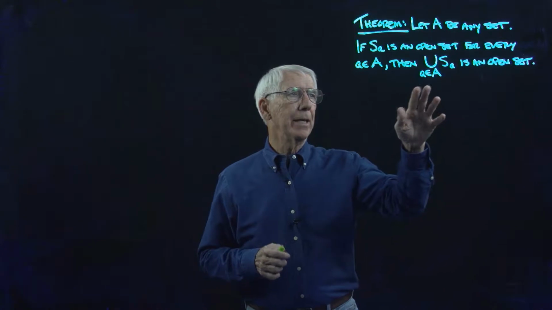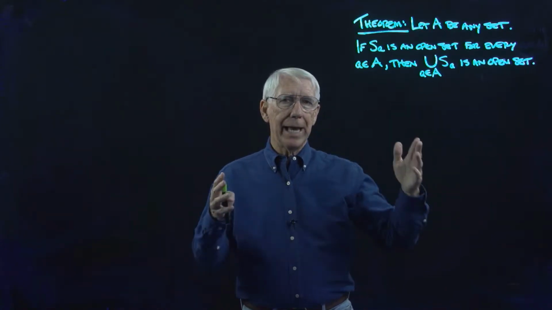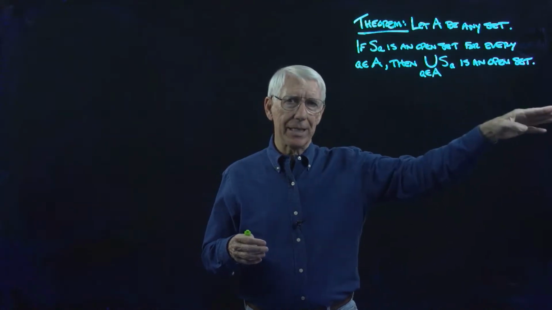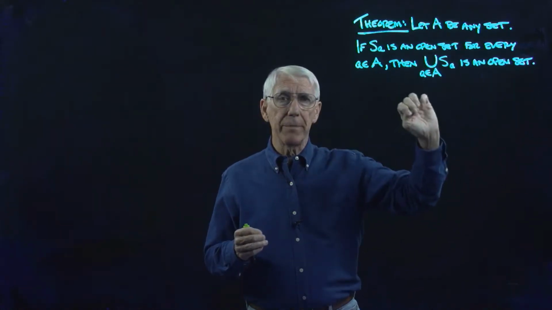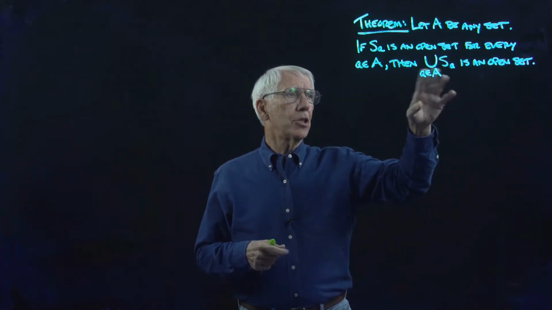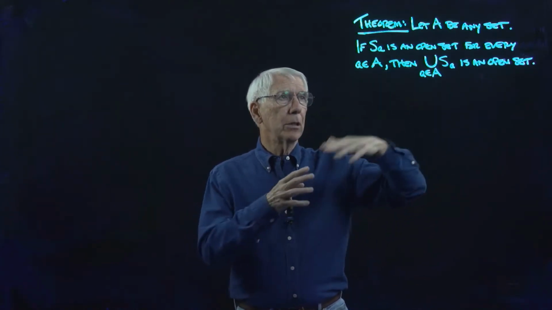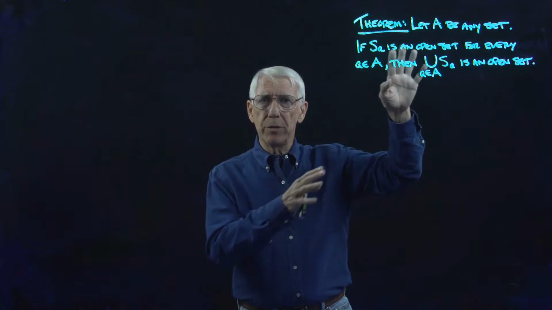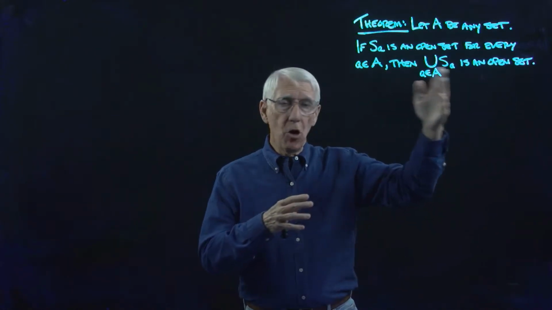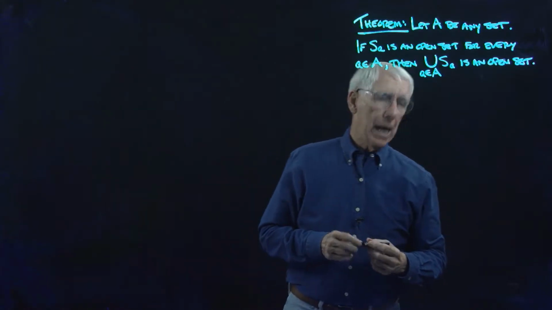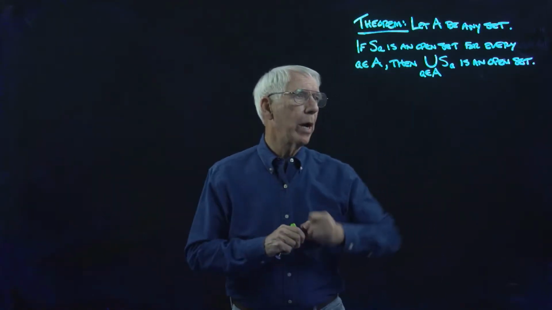So this is saying that A could have n elements. So this could be the union of n sets. But A could be any set, might not be finite. So this could be S1, S2, S3, S4, and so on. And if they're all open, the union's an open set. I'm going to write this in a different way as well.